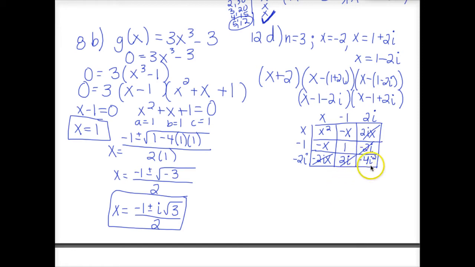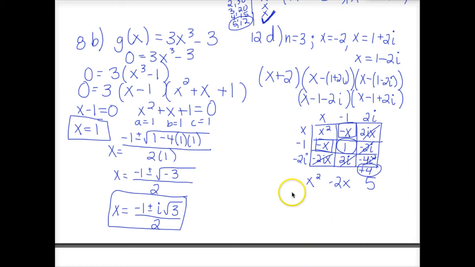I also should simplify my negative 4i squared because i squared, remember, is negative 1. Negative 4 times negative 1 is positive 4. So I'm replacing this for this. Now I've got like terms here, and like terms here. So this gives me x squared minus 2x, and then 1 plus 4 is 5.